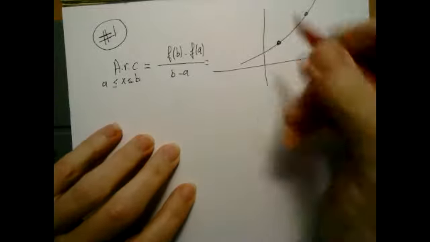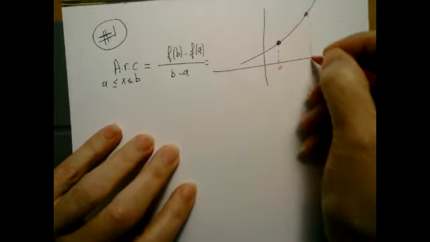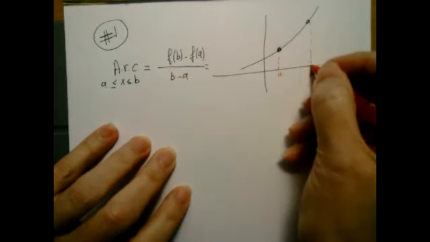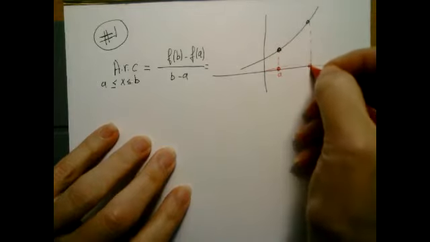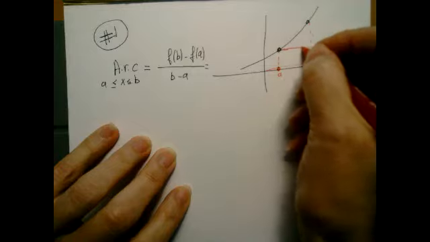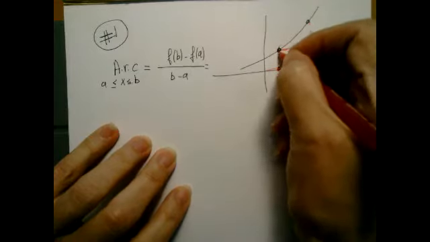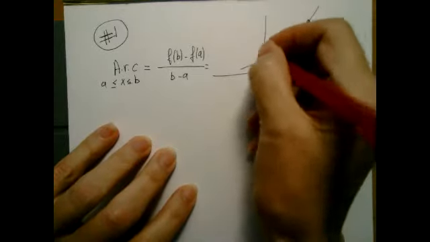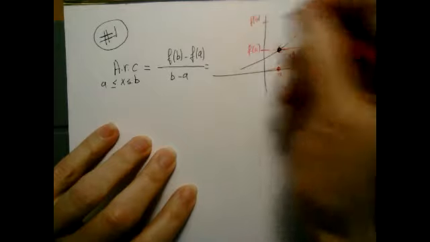And picture-wise, if this is a and this is b on the graph, b minus a is what we call the change in x. As your input goes from a to b, that's by how much it has changed. That's my delta x. As the input goes from a to b, your output was here, then it moved all the way up to here.